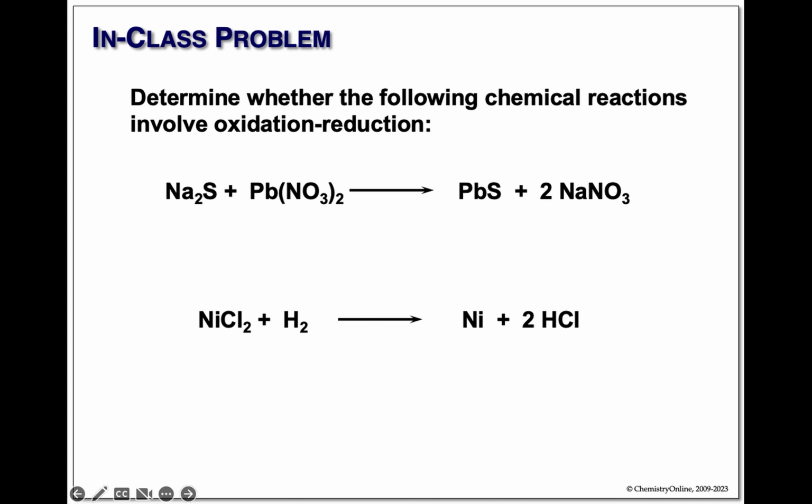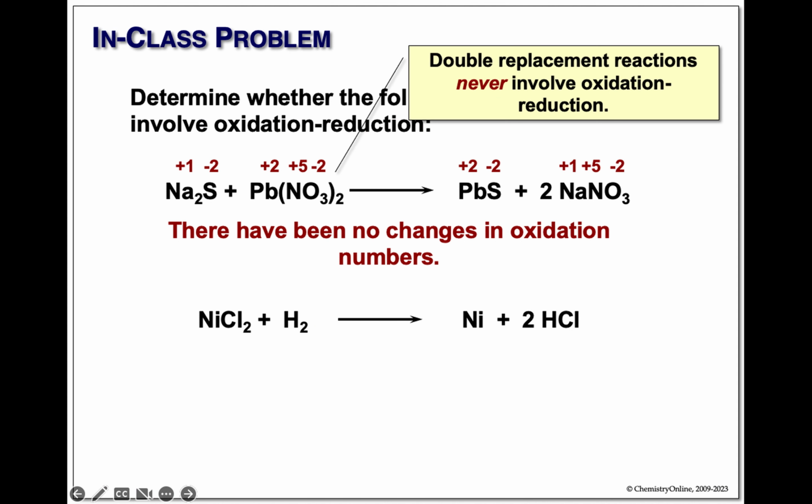That means lead is +2. Lead is +2, sulfur -2, +1, -1. If you want to break down the nitrate, you can do it this way, +5 and -2. You go through all these numbers, they're the same.